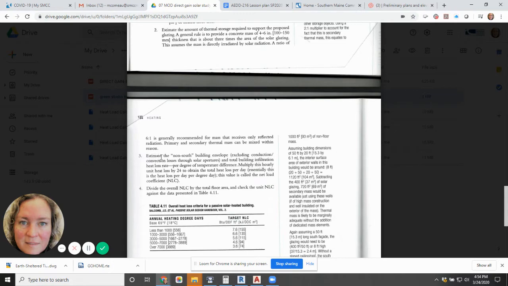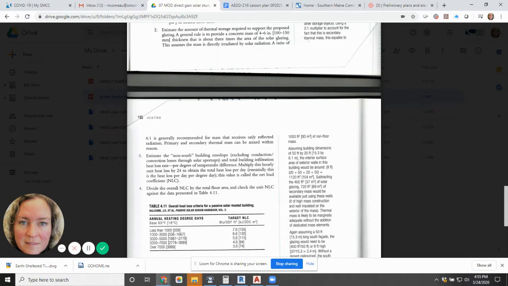Step 3 is to estimate the non-south building envelope. So that means 3 of your walls are going to be calculated. You're not going to calculate your south wall at all. And then you're going to exclude the windows and doors that are only on those non-south facing walls and remove those from your calculation. So you're essentially doing a surface heat loss calculation for a single day on the 3 sides of your building, north, east, and west.